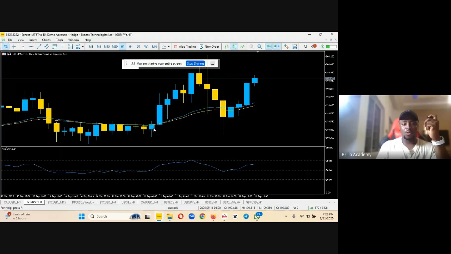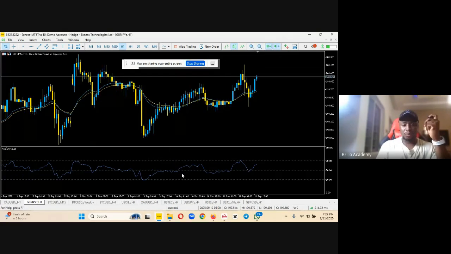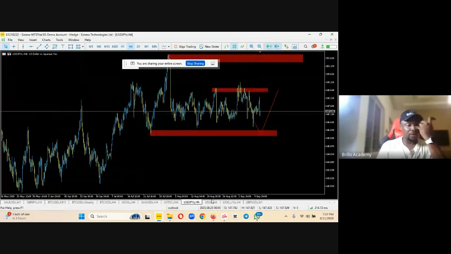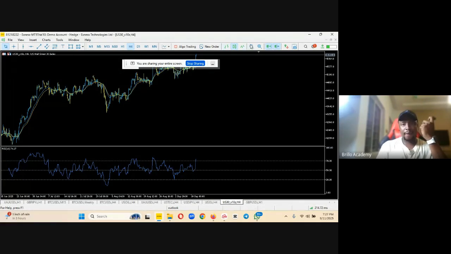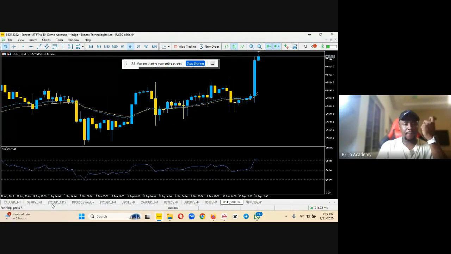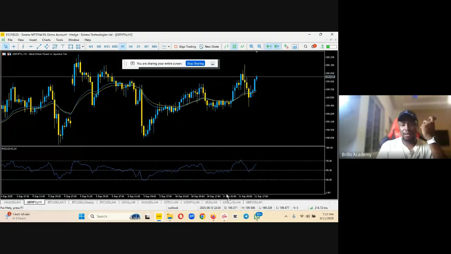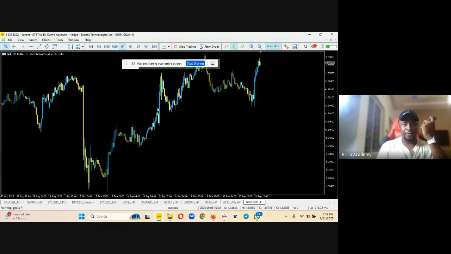Although this hammer has a wick, I don't want to use this one. I need something you guys can relate with as of what you guys are seeing on the drawing board. I just want you guys to relate with it. Let me see. I think GBPUSD should give me what I'm looking for.